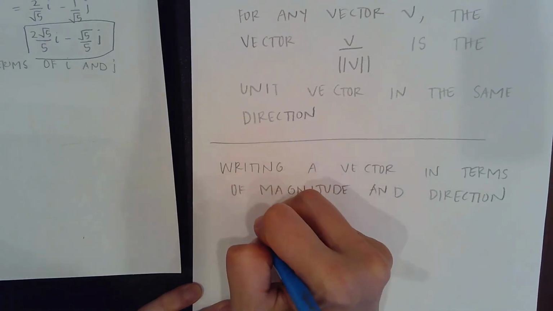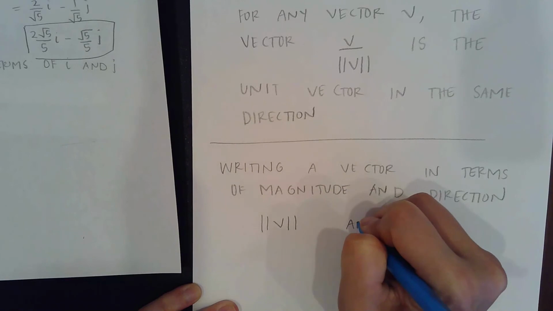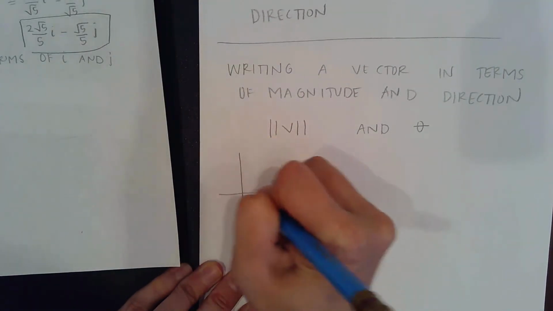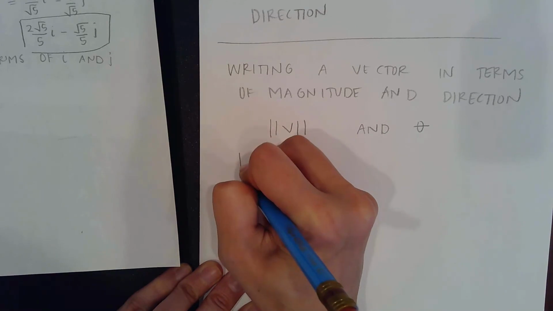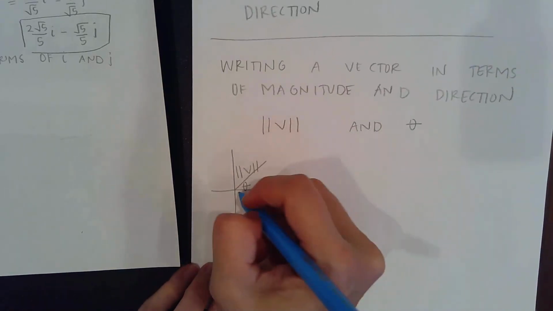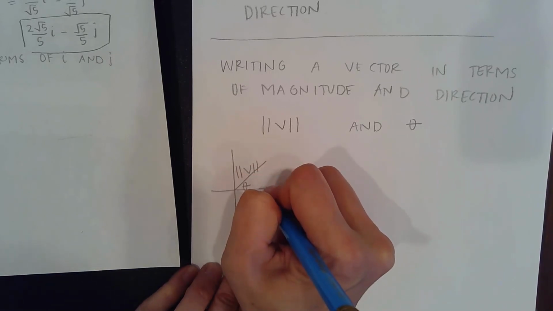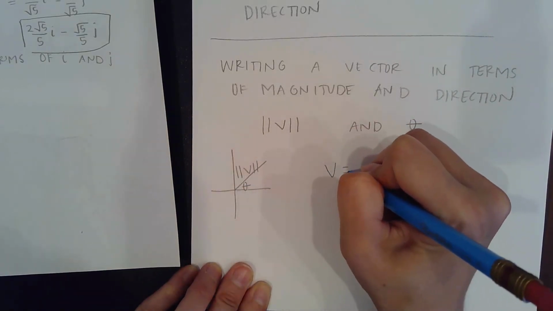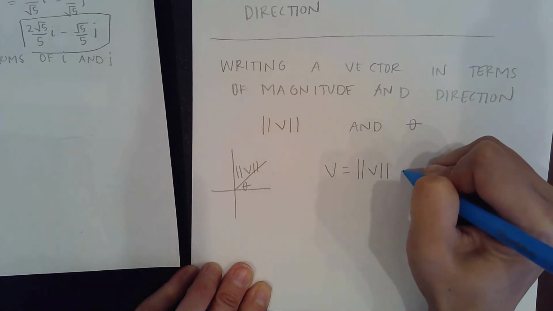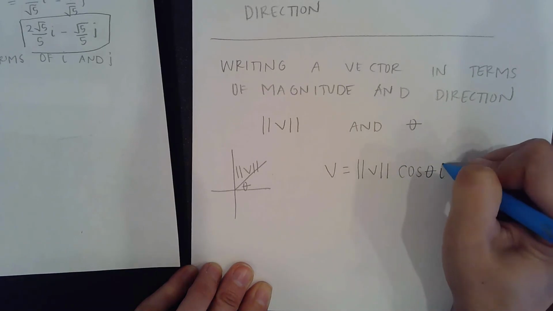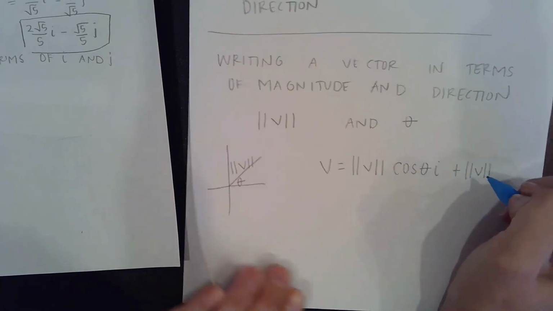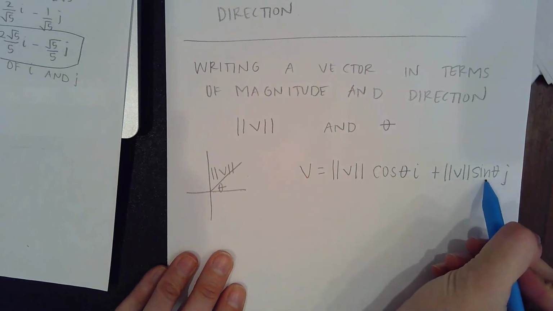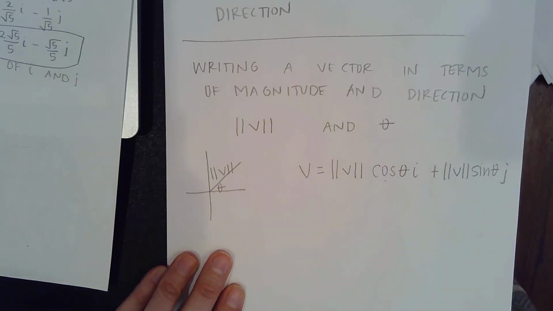If we know the magnitude and theta, a direction, remember your x value is going to be cosine, and your y value would be sine. So how you would write your vector in standard form would be the magnitude times cosine of theta i, and the magnitude times sine of theta j. Because that would be your y direction and this would be your x direction. Okay?